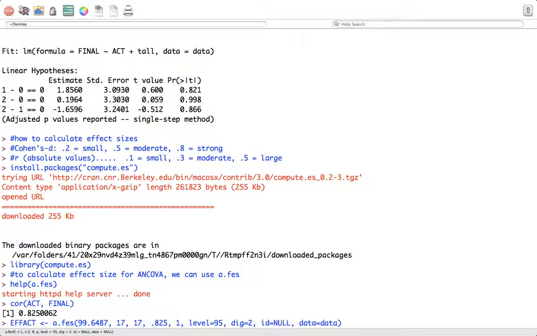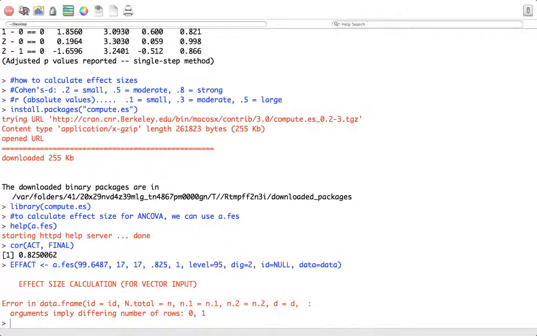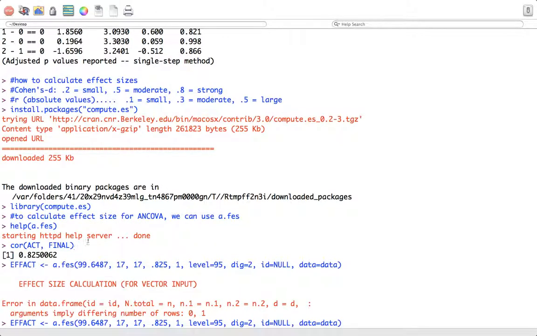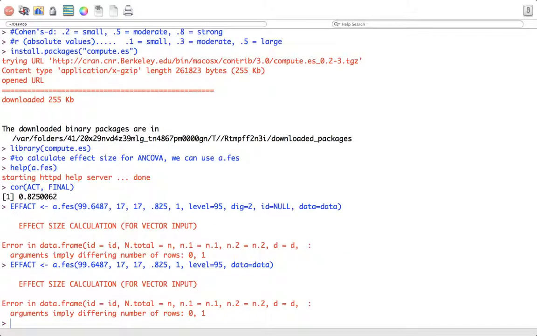Data is data, and this actually should work. Okay, that's fun. Alright, let me see if I can figure out where I'm wrong here. So 99, that's good. 17, good. Level 0.95. I don't really care about all this stuff here. Let's see if this works.